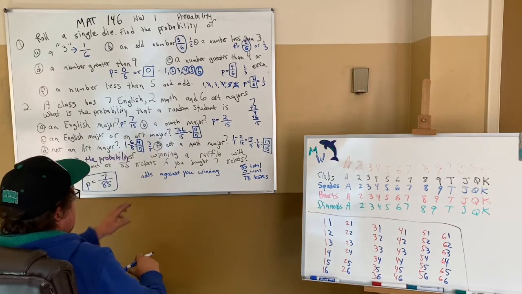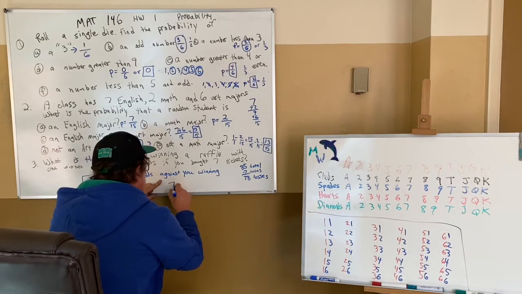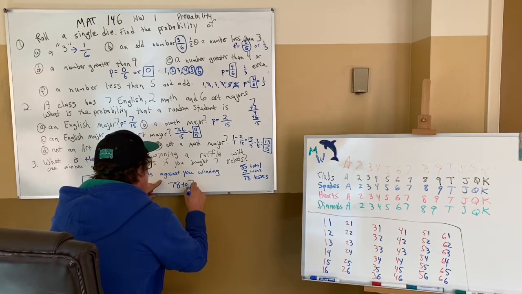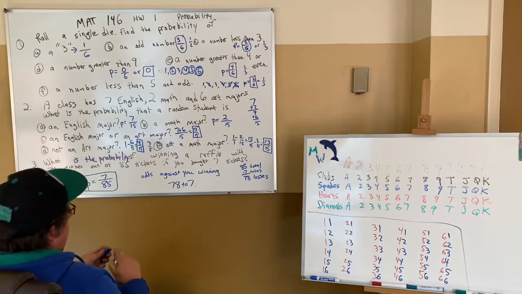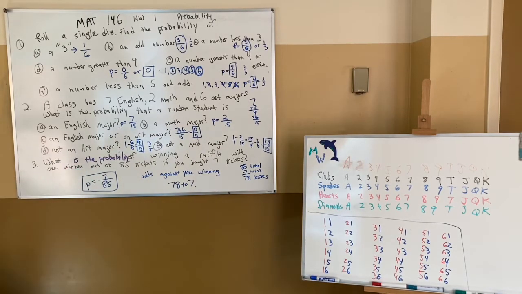And the odds against you winning, when it says odds against, that means give me the number that's bad first. 78 to 7. There's 78 ways you can lose and only 7 ways you can win. 78 to 7 would be the odds against you winning.